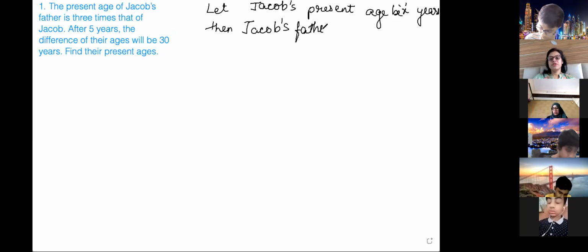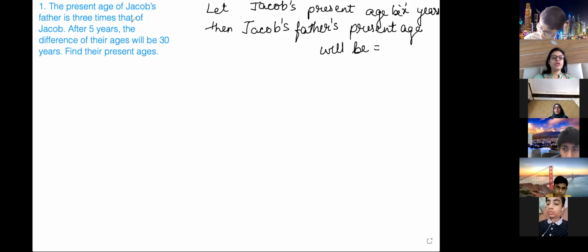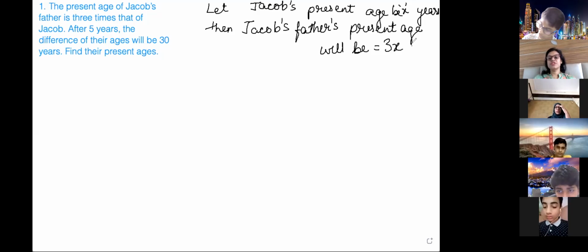Then Jacob's father's present age will be how much? Tell me. According to the question, the present age of Jacob's father is 3 times that of Jacob. So if Jacob's present age is x, it is 3x. So 3x years is Jacob's father's present age.